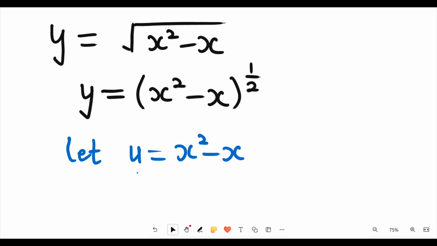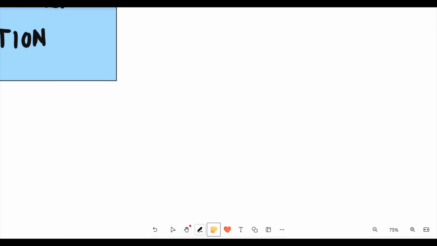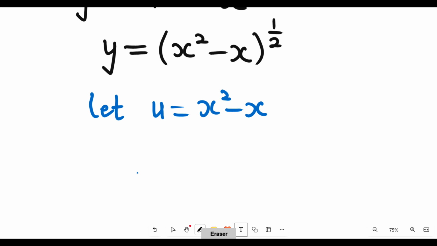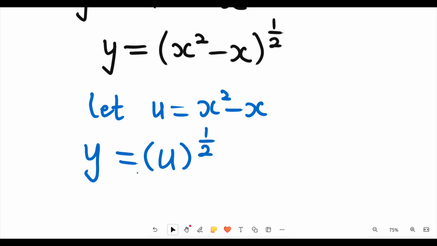All right. So it means if u is equal to x squared minus x, we can plug in u in place of the expression x squared minus x. So our new expression becomes y is equal to u in bracket having an exponent of half, right?